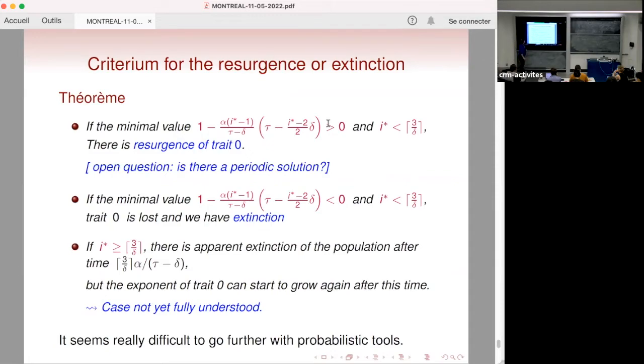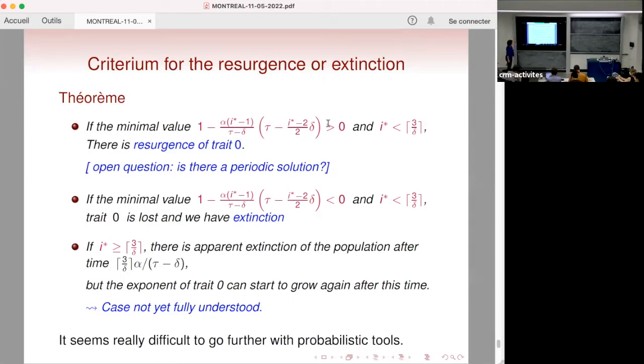And so we don't know at all under this condition if we will obtain a periodic solution as we observed in the three traits case. It seemed to be in the simulation, but in another simulation it can be different. And if the minimal value is less than 0, and if the growth rate is positive, the trait is lost and there is extinction.